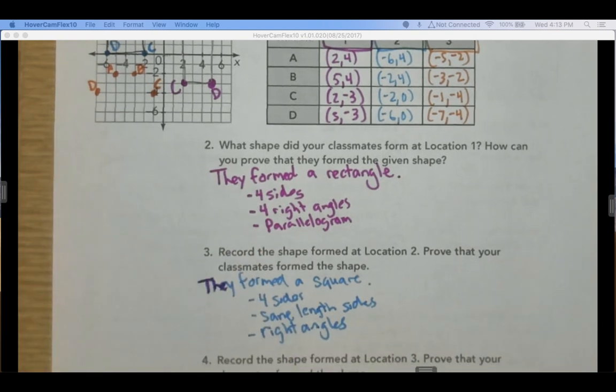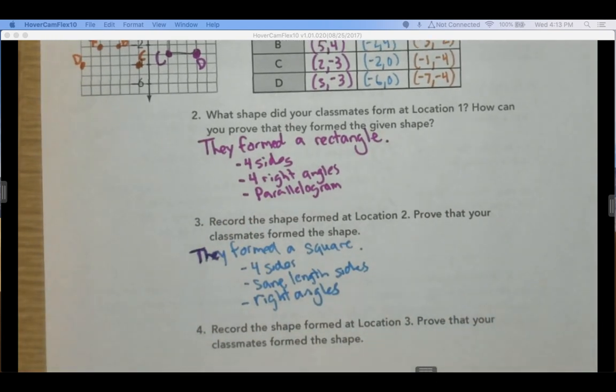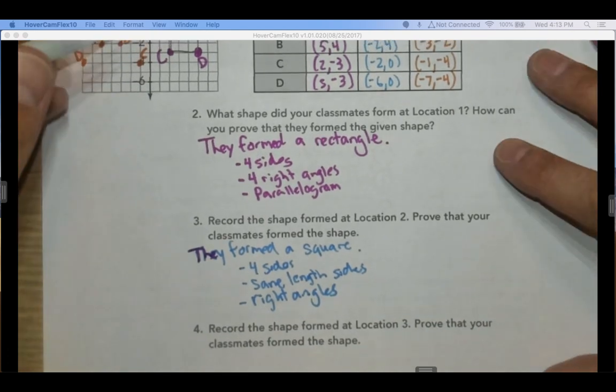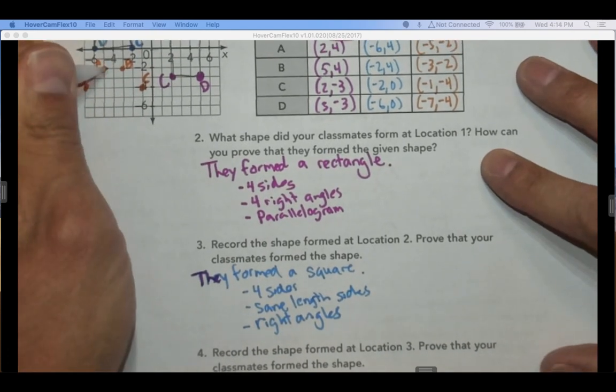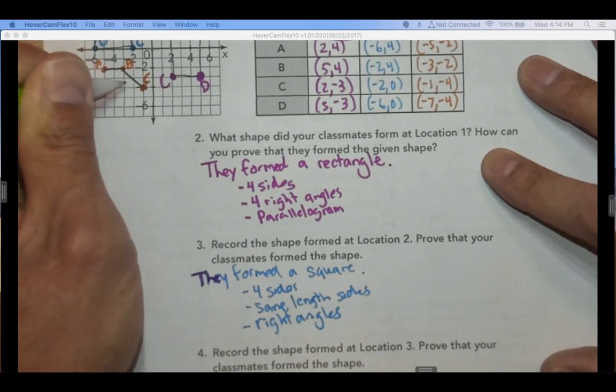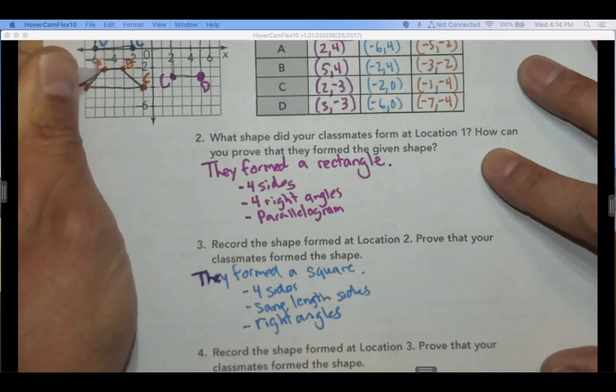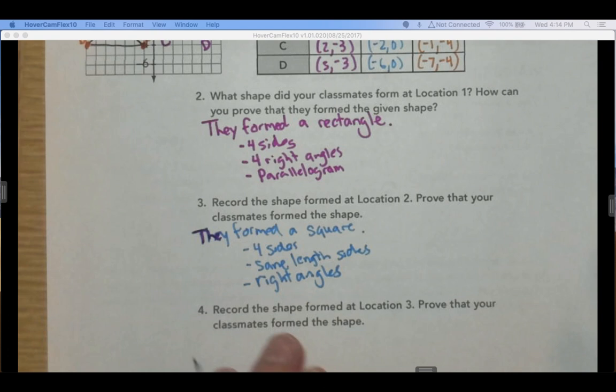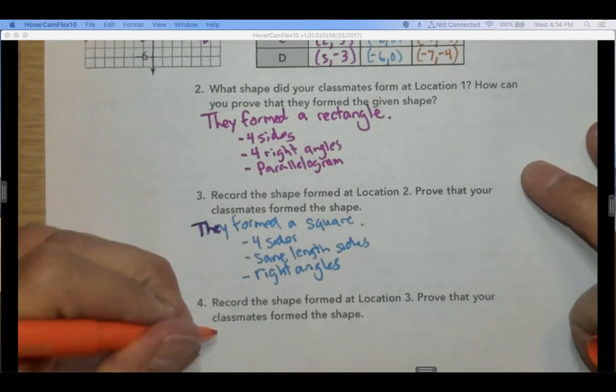All right. Then it says record the shape formed at location 3. Prove that your classmates formed the shape. So location 3, A, B, C, D, and then back there. I look at that shape, and I see that that shape should be known as a trapezoid.